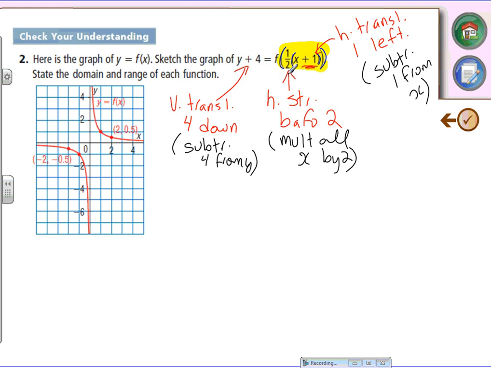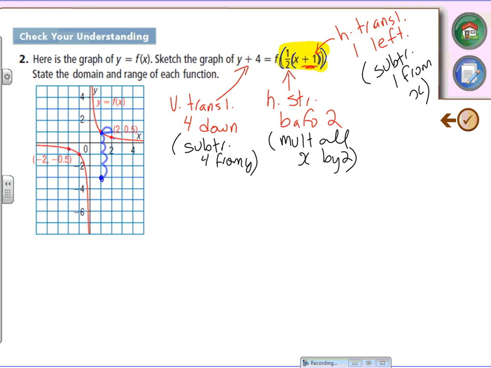Okay, here we go. Let's take each point. They give us 1, 2, 3, 4 points to do. Take this first point, and we're going to multiply all the x's by 2. It goes from 1 to 2, and then subtract 1 back to where it was, and subtract 4. 1, 2, 3, 4.